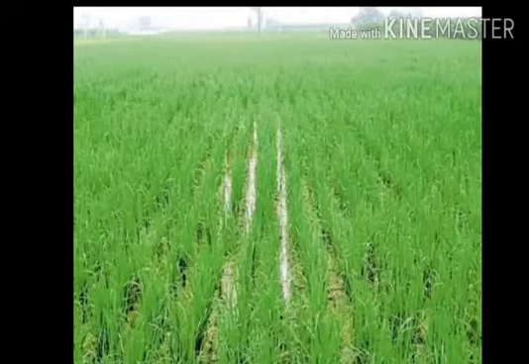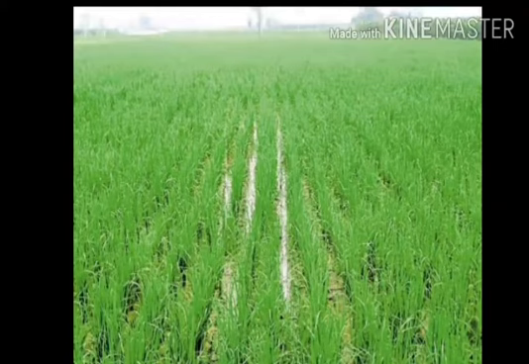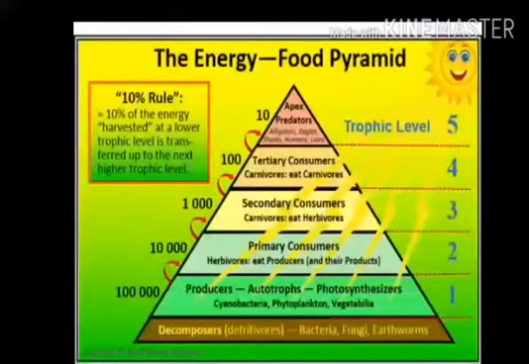Now you are observing a well grown crop in the agricultural field. We all know that we get energy from food. Basically, the food we get energy from is plants.